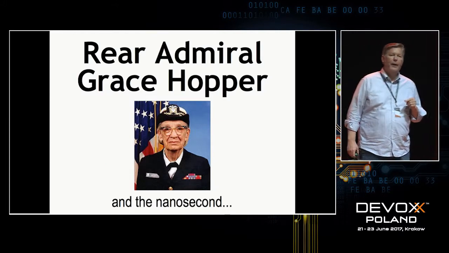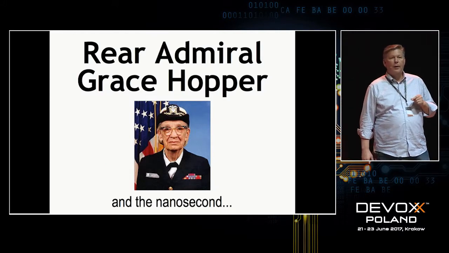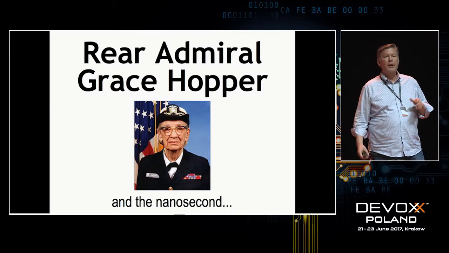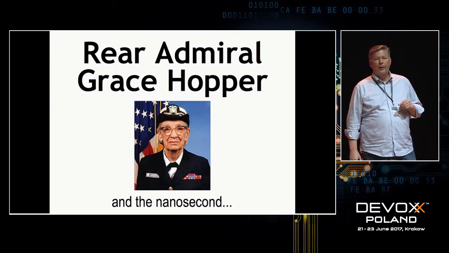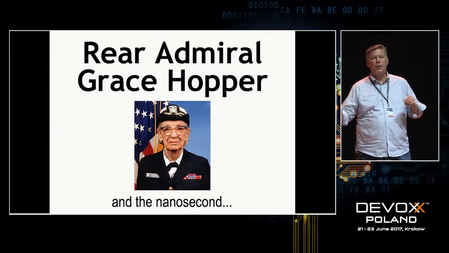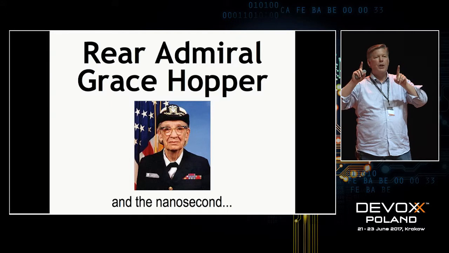So I attended a live presentation of Grace Hopper's probably 30 years ago, and one of her famous maneuvers during her presentation is that she would hand out what she called a nanosecond. And a nanosecond was a piece of wire, like copper wire in a plastic coating about this long.